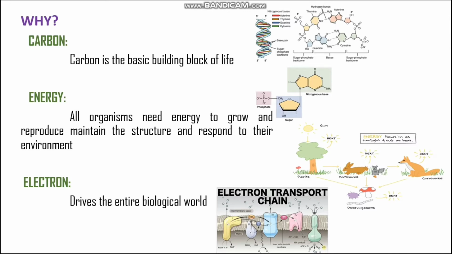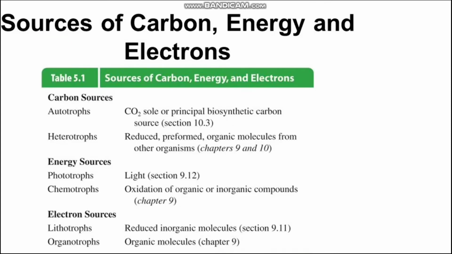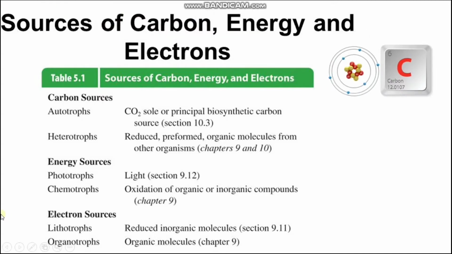Now let us discuss the types of nutrition based on the sources of carbon, energy, and electron. Firstly, based on the carbon source, organisms are divided into two types: autotrophs and heterotrophs. The prefix auto means self, that is, these organisms acquire their carbon source without the help of other organisms.